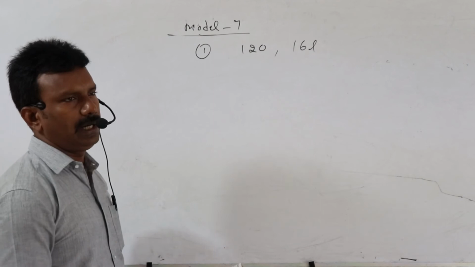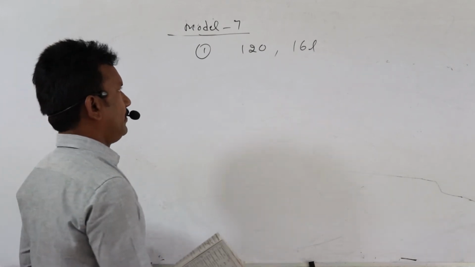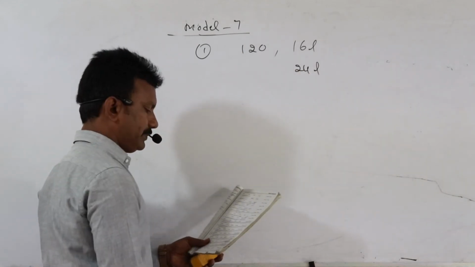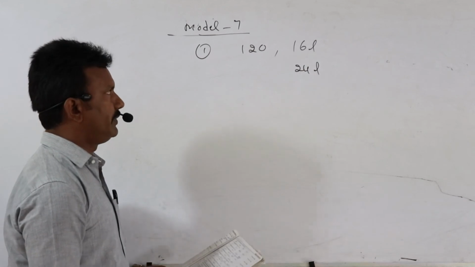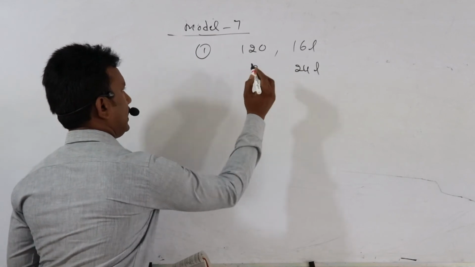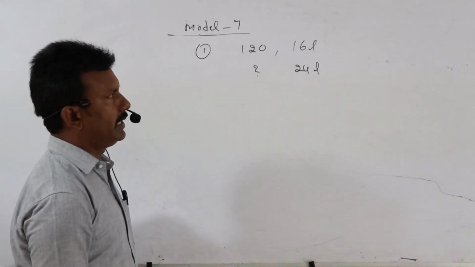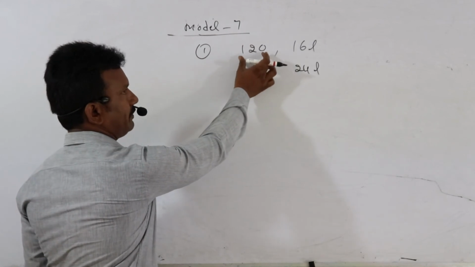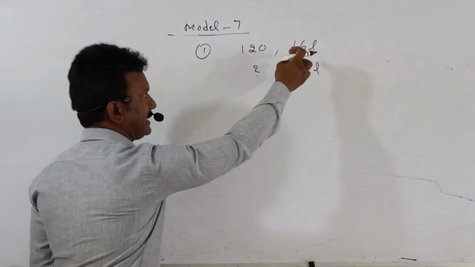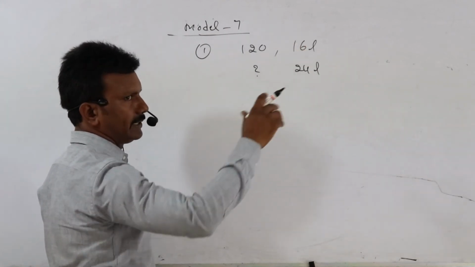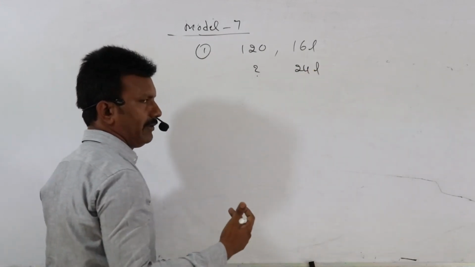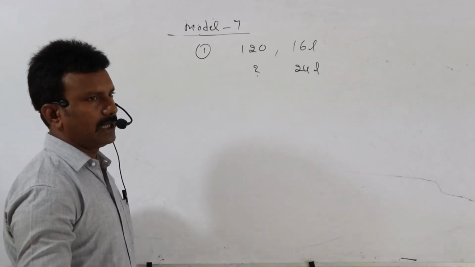If a 24-liter capacity bucket is used, how many turns will be required to fill the tank? So the information is very clear: 120 turns of a 16-liter bucket fill the tank.